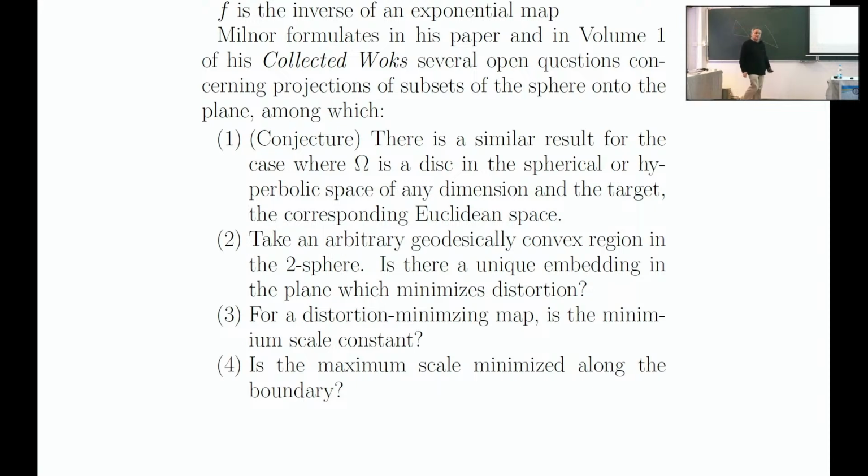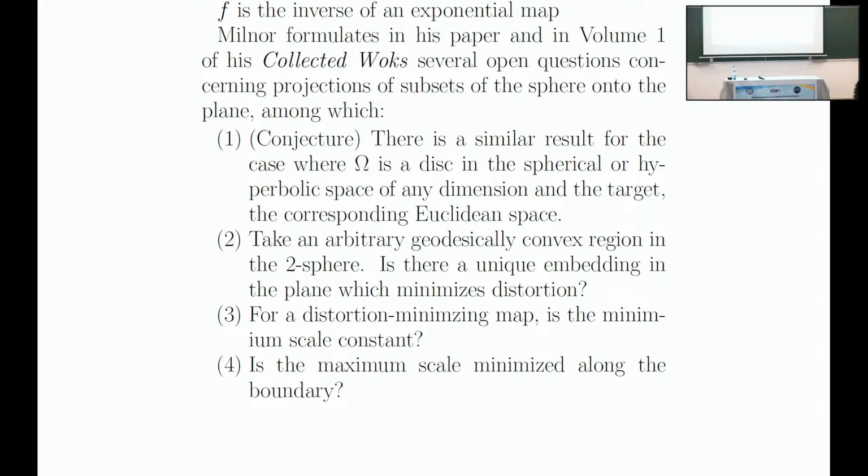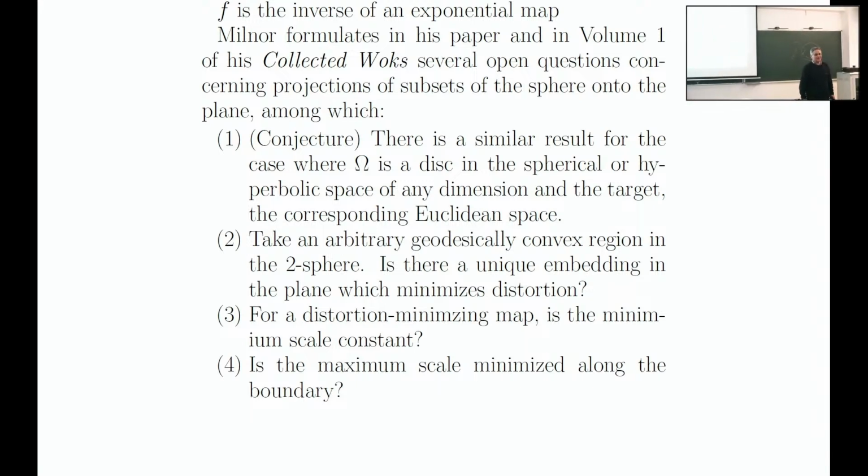What is the least distortion? Is there a least distortion map taking this triangle to this triangle? This turns out to be a non-trivial, difficult problem. In fact, I wrote at least 3 papers on this, even for Euclidean triangles.